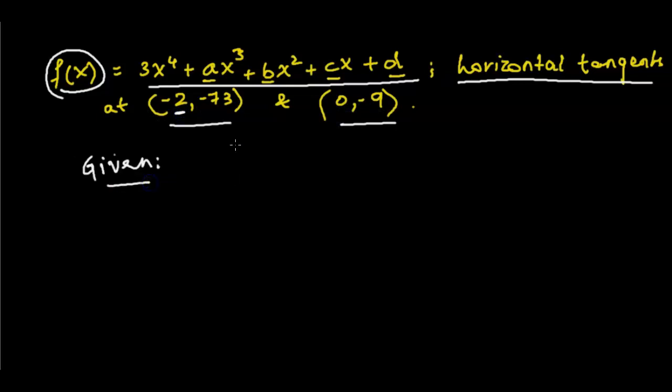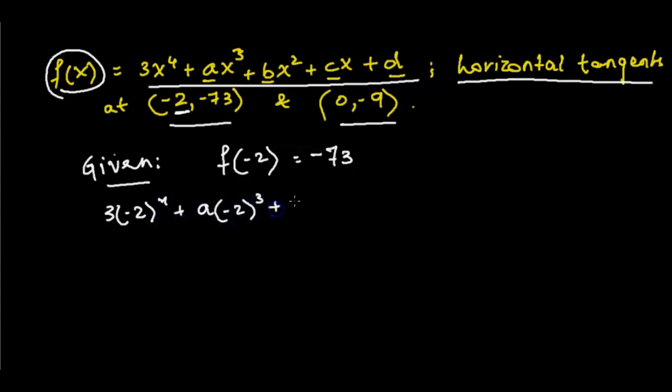Therefore, to write down the given, we can say f of -2 means when we substitute -2 into the function, the result we get is -73. This can be written as 3 times (-2) to the power of 4 plus a times (-2) to the power of 3 plus b times (-2) to the power of 2 plus c times -2 plus d is -73.